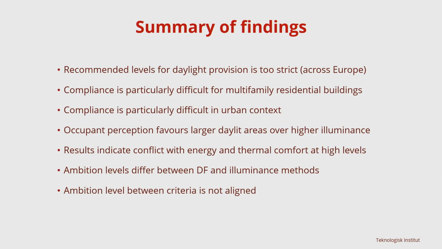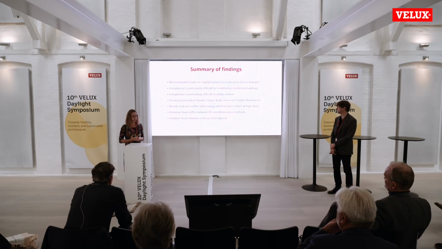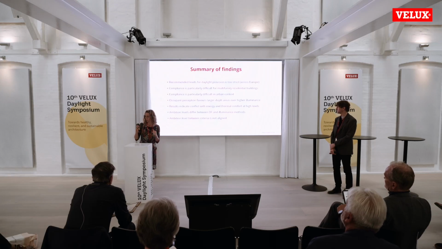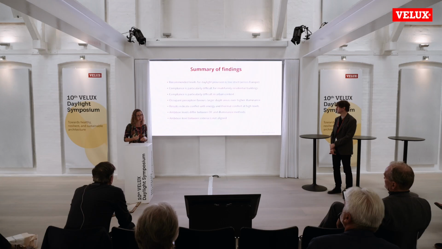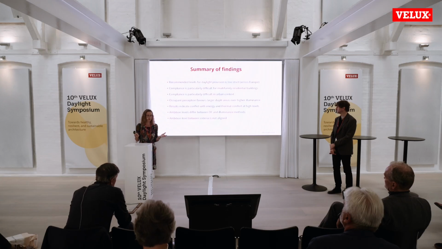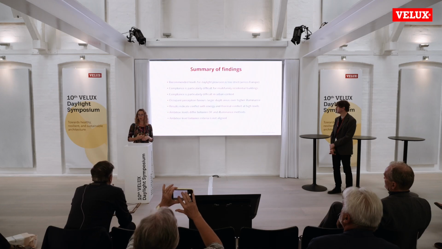We can see that they're modified in the legislation, also in the voluntary certification schemes, and it is particularly difficult to meet in multifamily residential buildings and also in urban context. What we can also see, and that's one of the studies that's presented later, is that occupant perceptions actually favor larger daylight areas over higher illuminance. So maybe we need another formulation of the criteria.